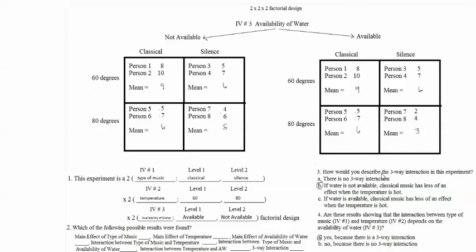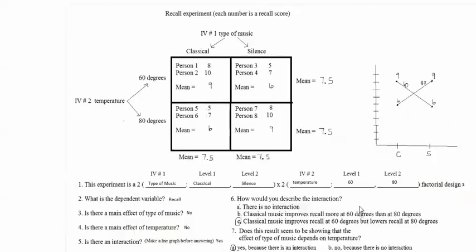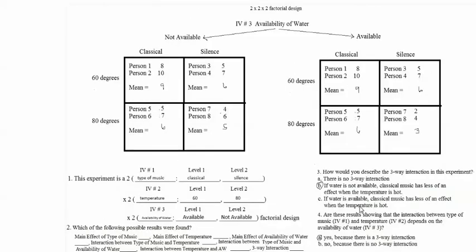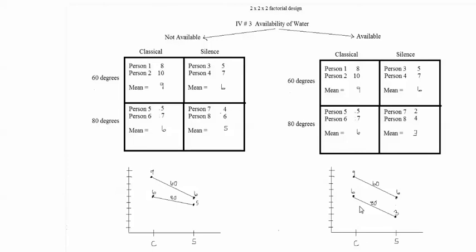Now it says, how would you describe the three-way interaction? We have to find out which of these is correct. Well, let's take a look at the graph. What it looks like is when people don't have any water during the experiment, then the hot temperature of 80 degrees makes them dehydrated.